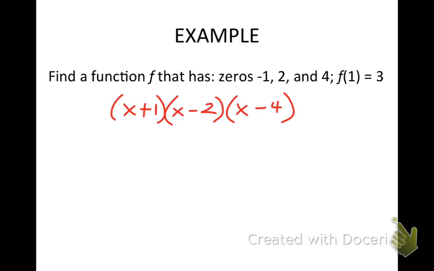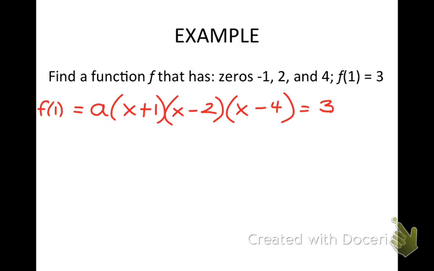Okay, we could multiply that out, hopefully, and then turn it into a cubic polynomial. But I need to figure out this condition first. So I need to think about, I'm going to have some multiplier a, that when I evaluate this function for 1, it ends up coming out as a 3.